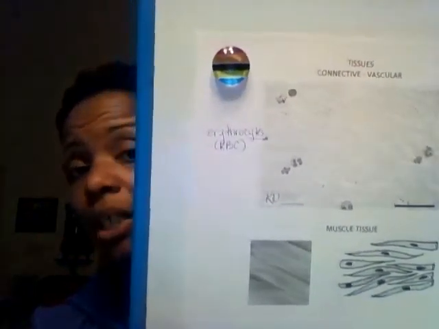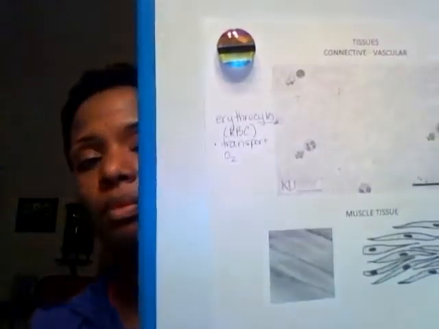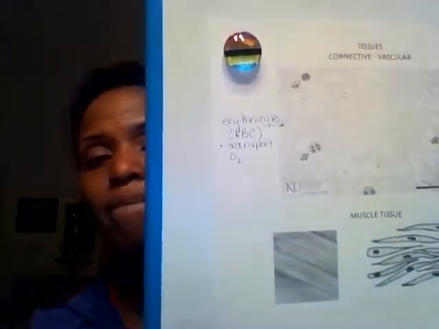They are biconcave discs, and they are responsible for transporting oxygen. Okay. What we also see in this diagram are some larger cells, but they're not as numerous.